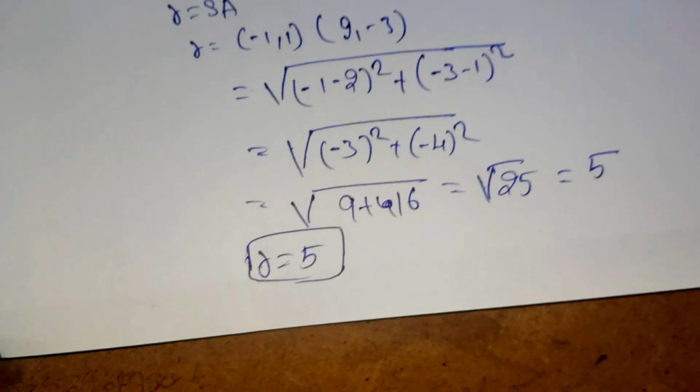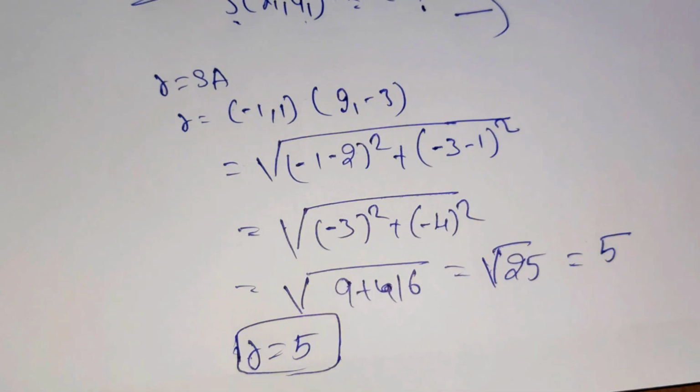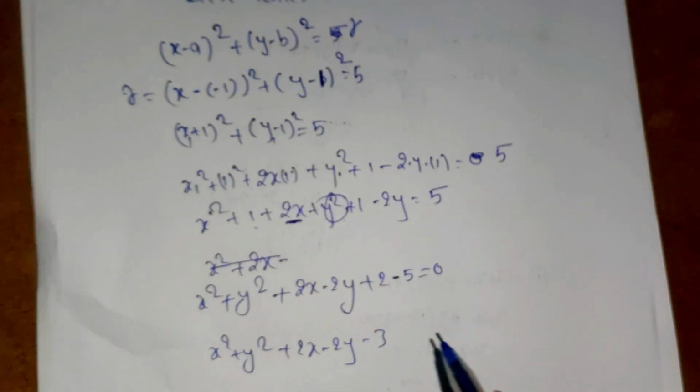Now it is very easy to find the equation of this circle. We have the center and radius equal to 5, so we can easily find the equation of this circle. What is the formula?